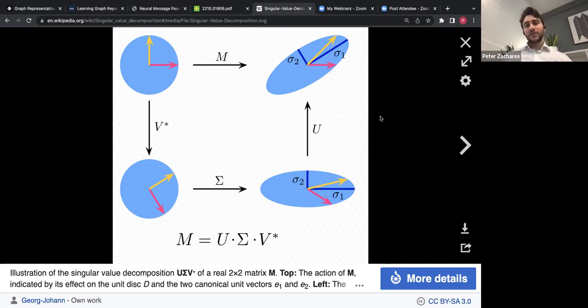Having a linear mapping that is high rank is good for neural networks because each layer in a neural network, I think most of us know, is usually a linear mapping and then a non-linear activation function. So having a matrix with a high rank means that you're extracting a lot of information from your input features.